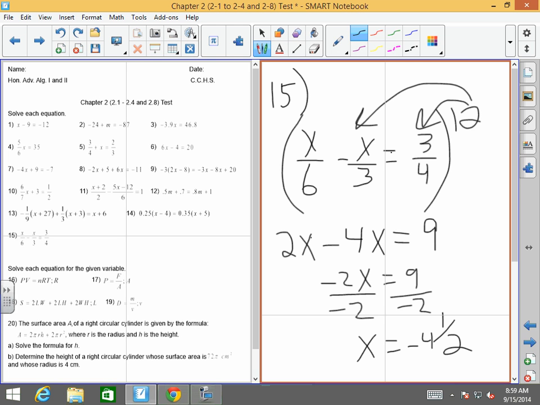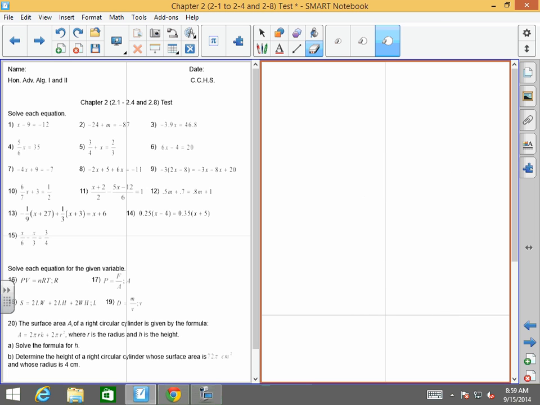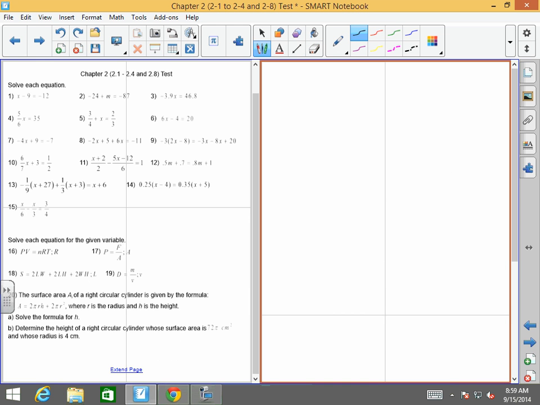Okay, awesome. Now, these were really simple, and this is where most of you guys really messed up. So let's check it out. Let's see why. Number 16, you've got PV equals nRT.